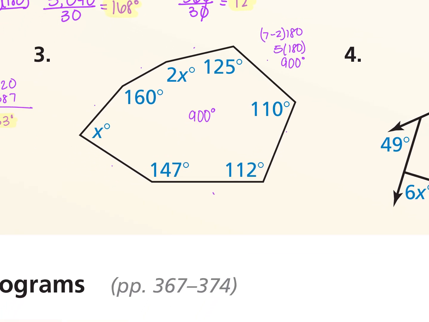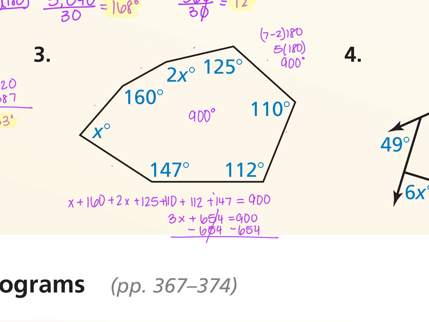And same thing as before, add everything. x plus 160 plus 2x plus 125 plus 110 plus 112 plus 147 equals 900. Add everything together. You're going to get 3x plus 654. Subtract 654 from 900. 3x equals 246. Divide by 3. x equals 82 degrees.